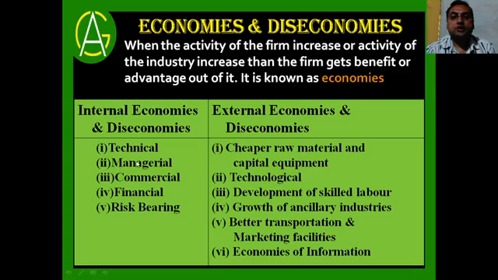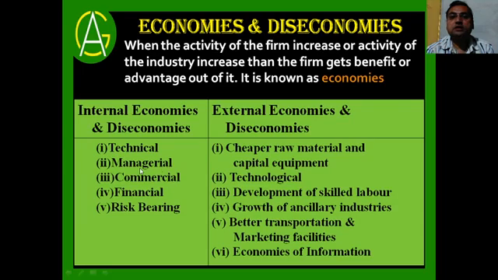Next is managerial economies and diseconomies. Small size firms do not have efficient, skillful managers, so it will become diseconomy for them. But the large size firm can hire expert managers, and as a result they can manage their functions better, so they will get economies here.